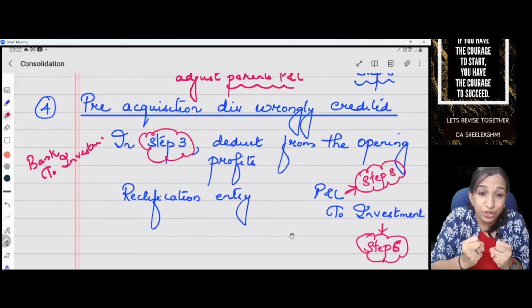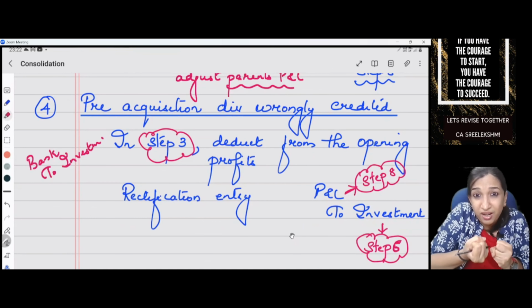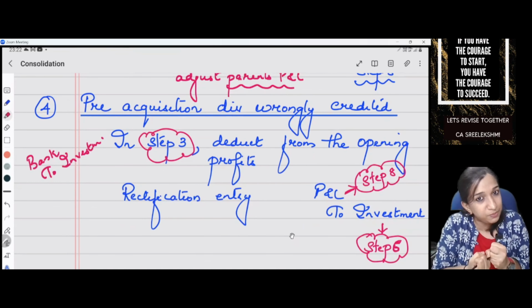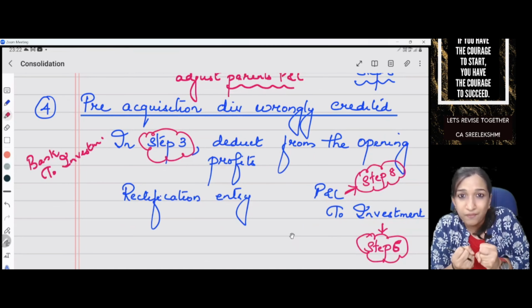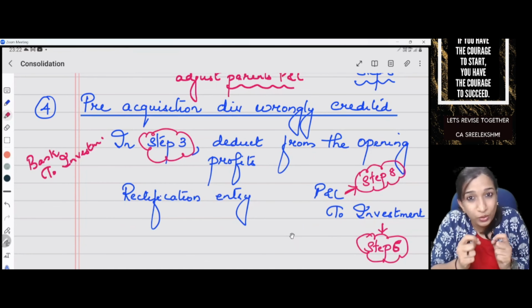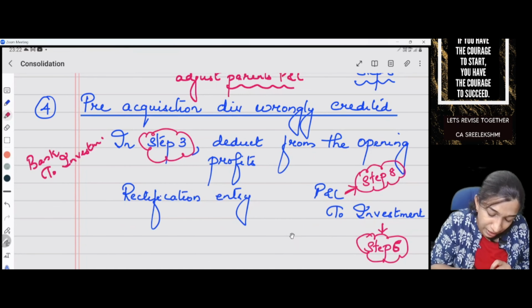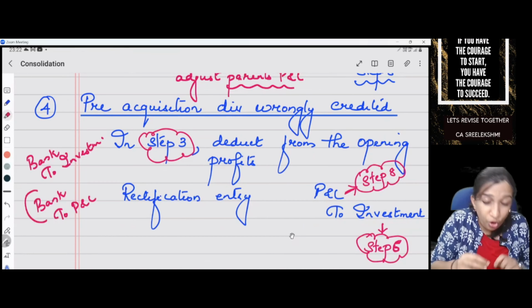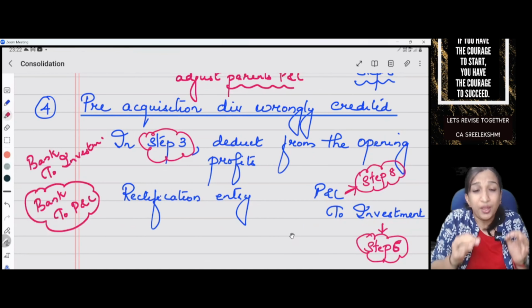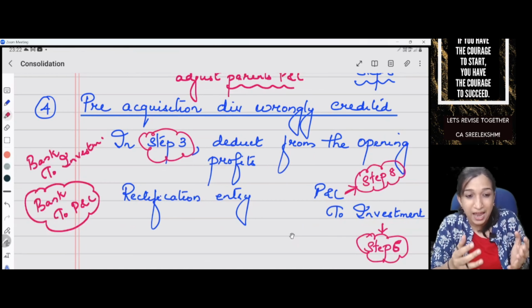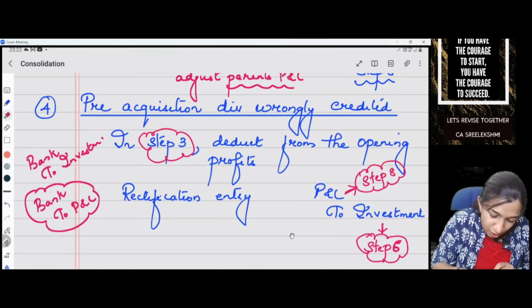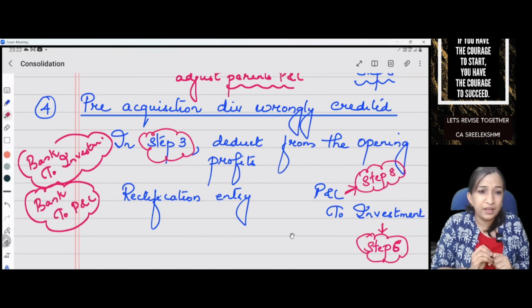It should be considered as a refund or recovery from the cost of investment. So bank to investment is the journal entry. But they would have passed bank to P&L, which is wrong. In most of the questions, they would have done bank to P&L.